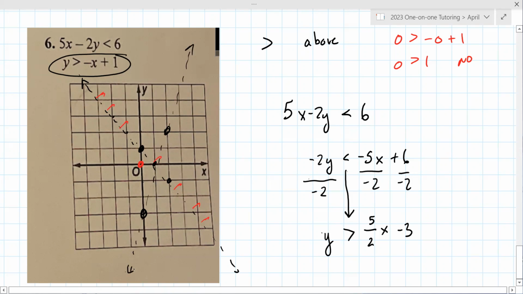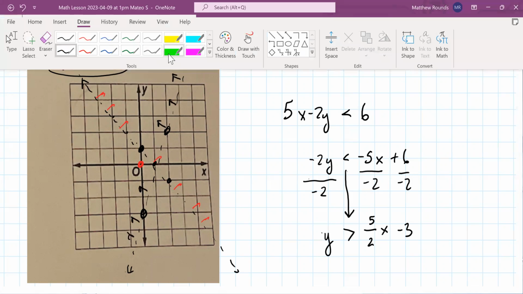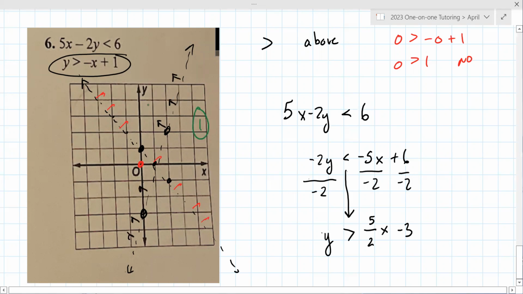Now, because it's already solved for y, you can shade above or below based on just looking at it. So this one is an above. Above kind of looks like it's to the left, but that's above. And then you're looking for the overlap between the two. Does the overlap occur in region 1, 2, 3, or 4 in this one?